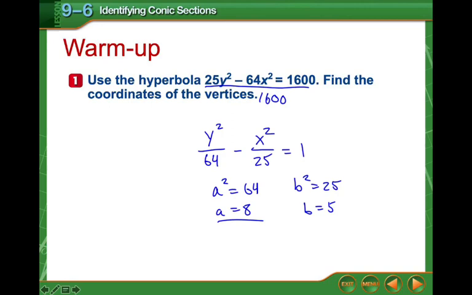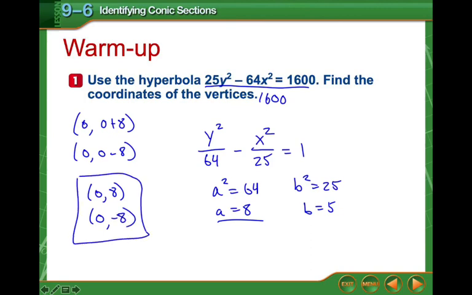And there's nothing we added or subtracted to the x and y individually, so that means our center is at the origin. So all we have to do is go from 0 and add 8, and from 0 and subtract 8. So our vertices are at (0, 8) and (0, -8).